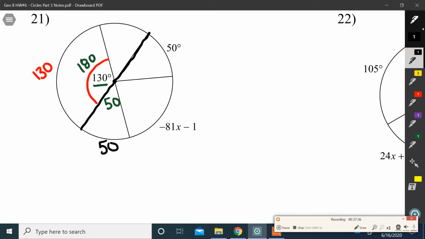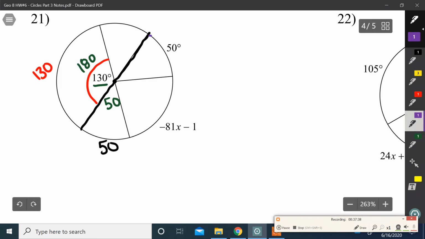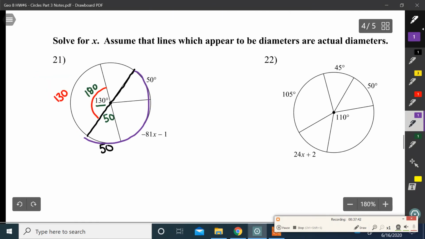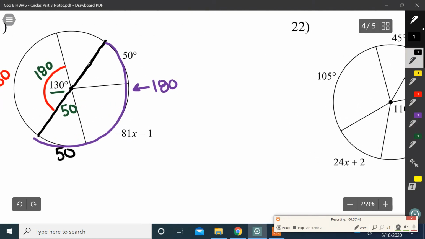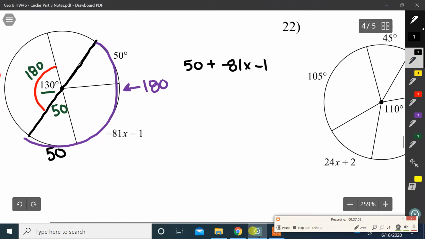So now that's going to allow me to figure out what x is, because I know that this whole thing right here is 180. So here's how I'm going to set up my equation. I know that 50 plus 81x minus 1 plus 50 should equal 180.